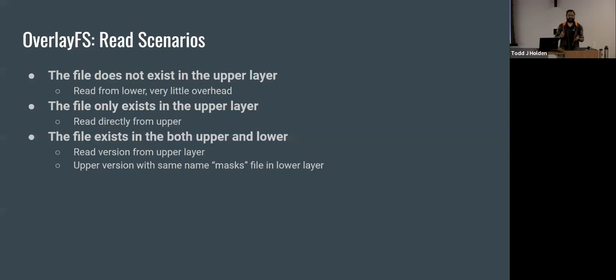And if it exists in both the upper and the lower layers, you read the version from the upper layer. I'll show you a demo about this in two slides actually. If the same file exists in the upper and the lower, the upper layer is the one that is given when you read it. It masks the value in the lower layer. So it's like an update. Whatever comes after, that's the one you get.